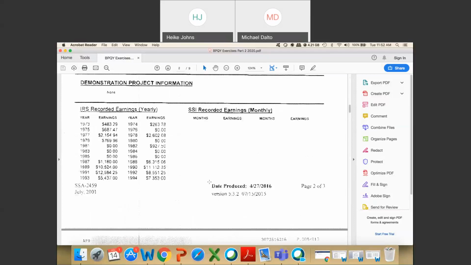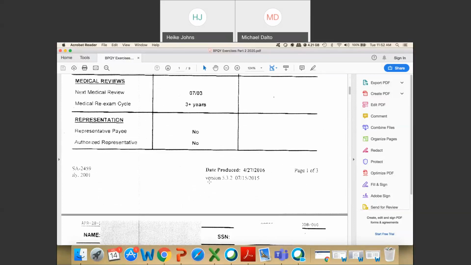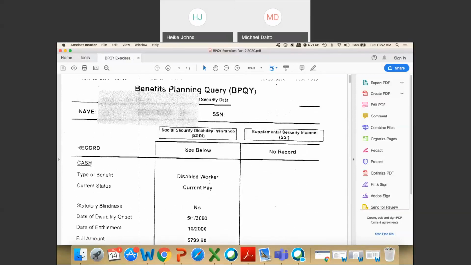So we've determined that for this BPQY, for this person, there don't appear to be any unreported earnings or any earnings that were not reviewed by Social Security, and no SGA level earnings within 12 months after onset.